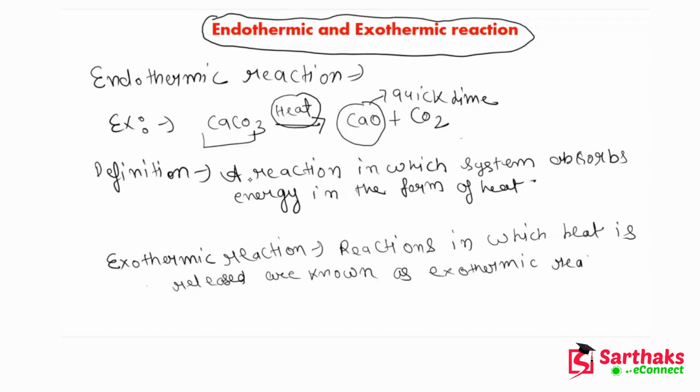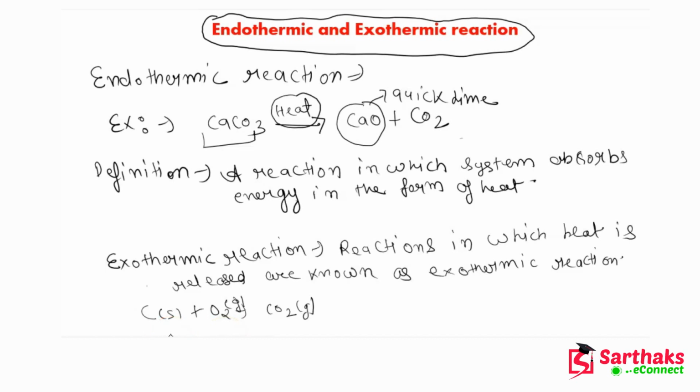Now guys, what could be an example of an exothermic reaction? You can also think of examples by yourself. Let's suppose carbon is reacting with oxygen, then carbon dioxide is formed, which is a gas, and oxygen is also a gas, but here carbon is in solid form.